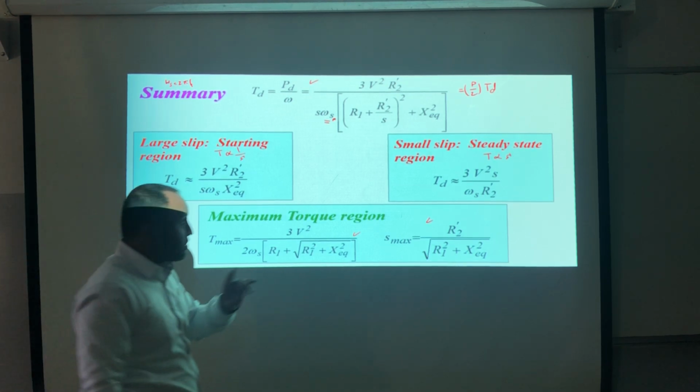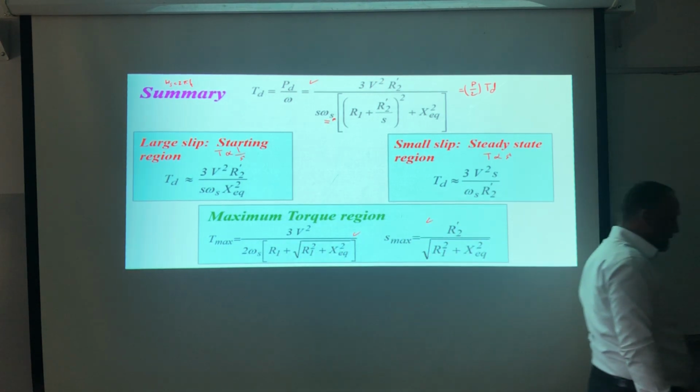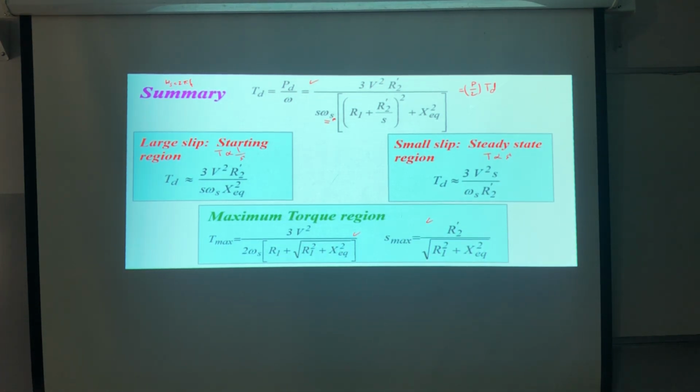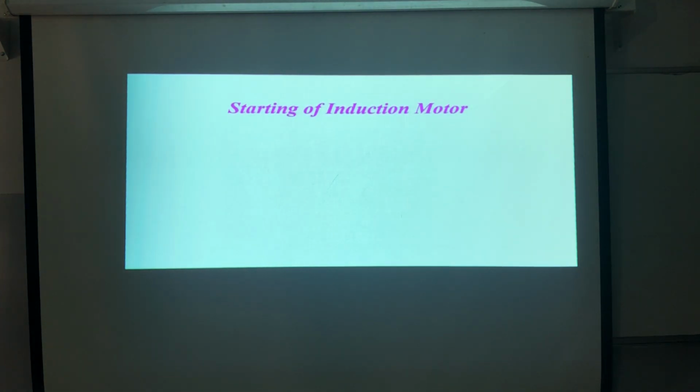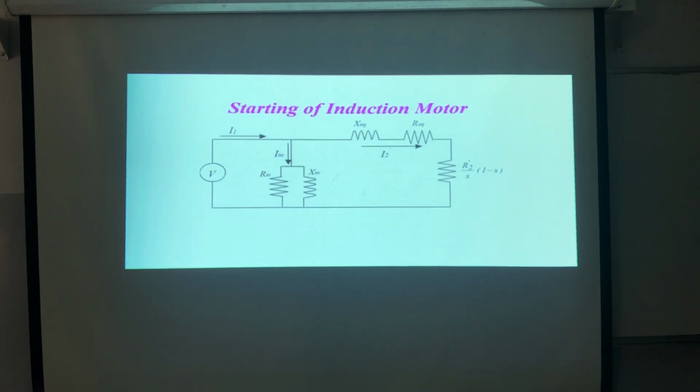So this is very important, how we calculate the torque. So if I need to find the starting torque of the induction machine, then S equals what? S equals 1.